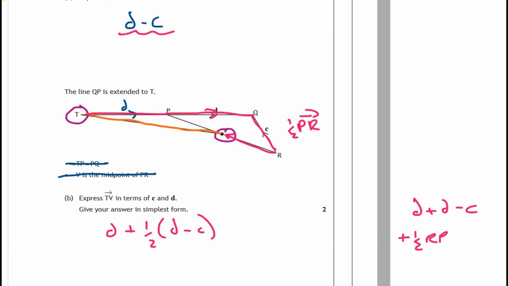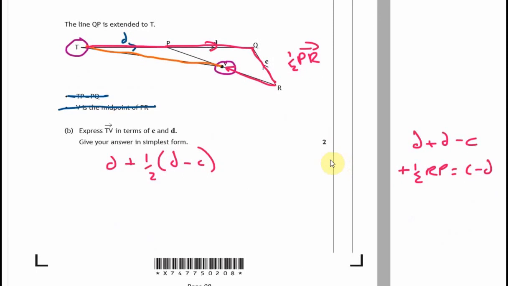Now, if PR is D minus C, R to P is C minus D. So we could have said D plus D minus C plus a half of C minus D. Okay, that's if we go the long way, and that would have given us the same thing.